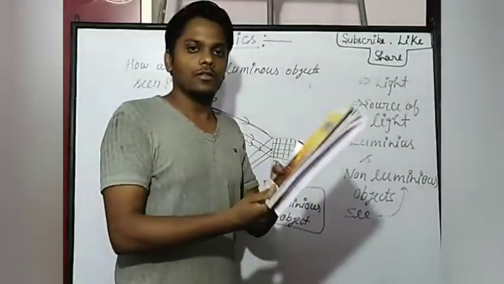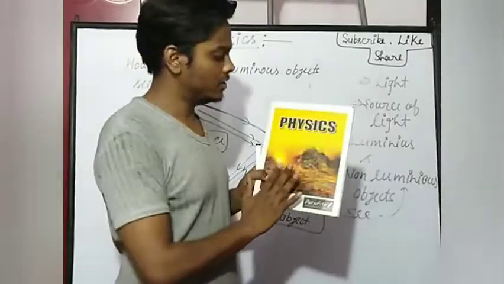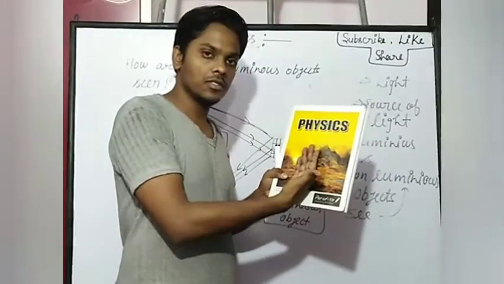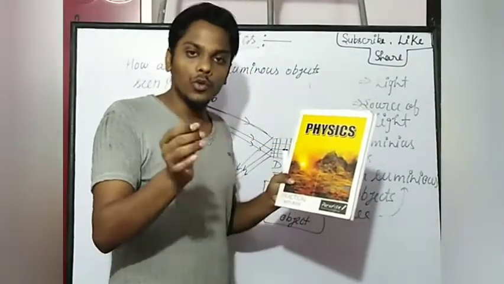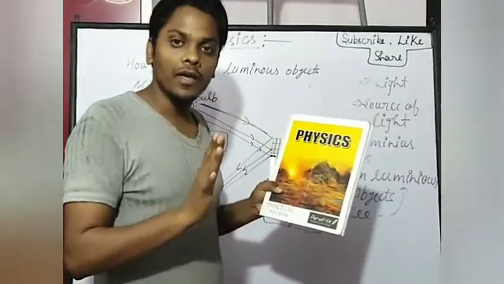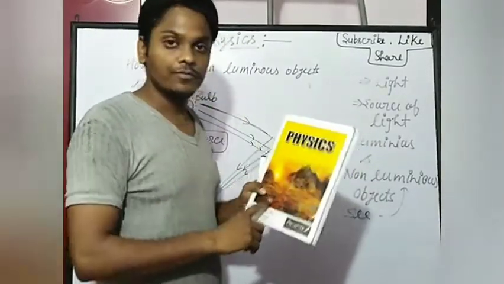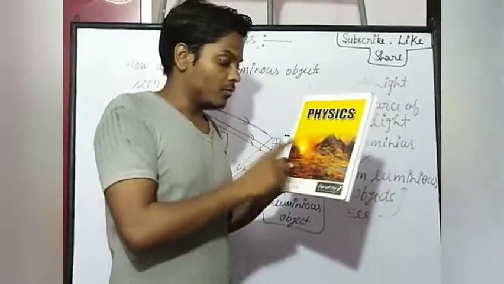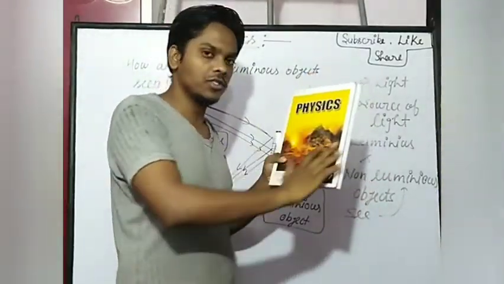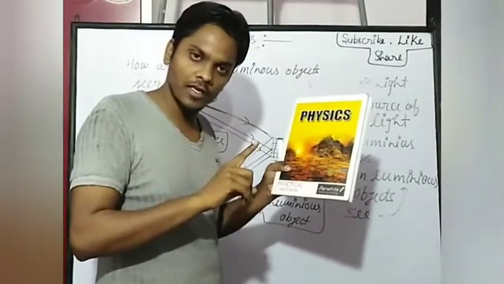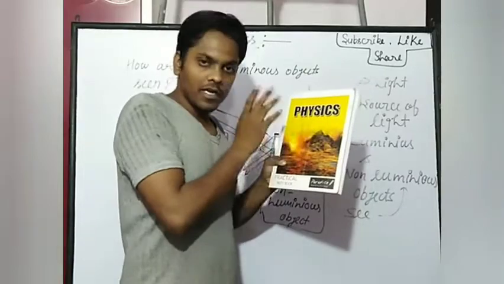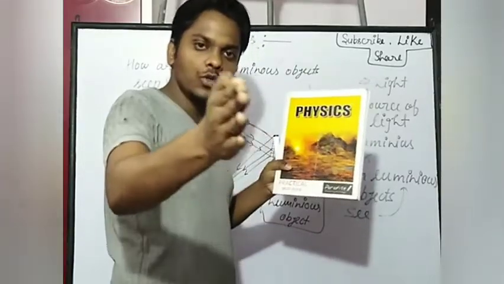We are able to see this object practically. This is the notebook, the physics notebook, and I am able to see this notebook, or you are able to see this notebook. Why? Because a ray of light, a beam of light, falls upon this notebook from the source of light, and then that ray of light reflects to your eyes.